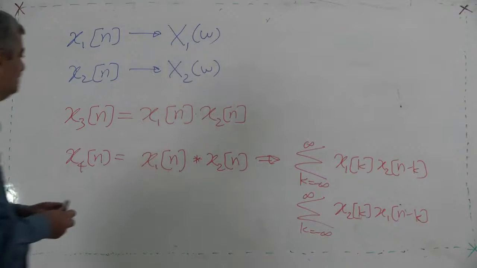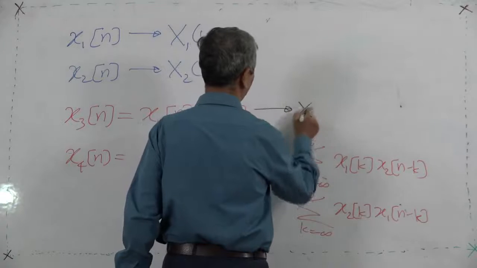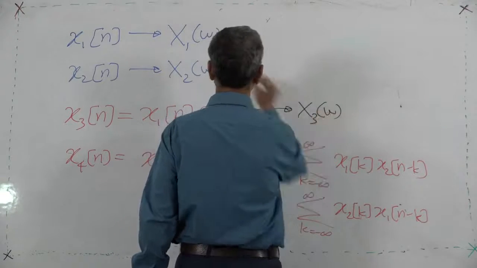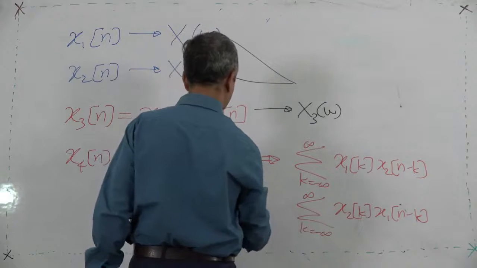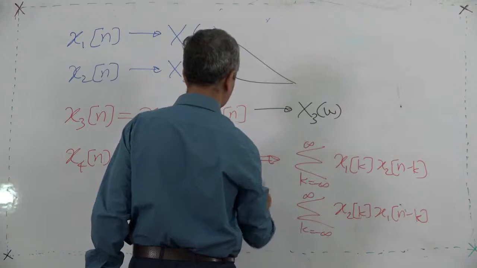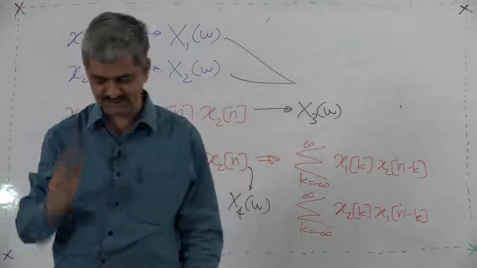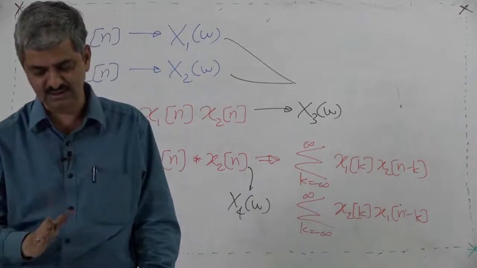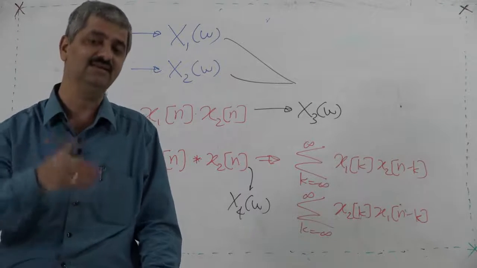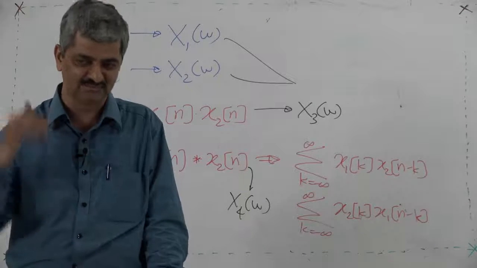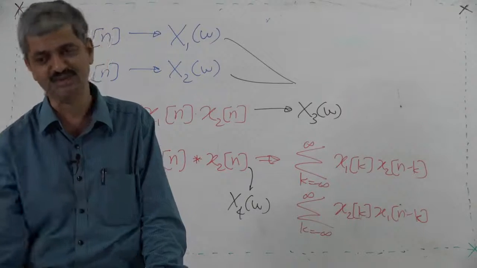The question now is, what would be its transform DTFT, how x3 omega is related to x1 omega and x2 omega, and how its DTFT x4 omega is again related to these two. So, two sequences, their transforms, some operations on sequences in sequence domain, what is the impact in transform domain. One operation is multiplication, or called modulation in standard terms, second operation is convolution. So, what is the impact?